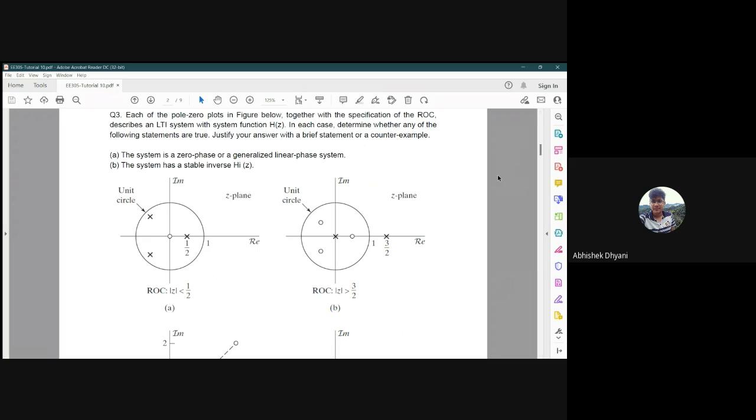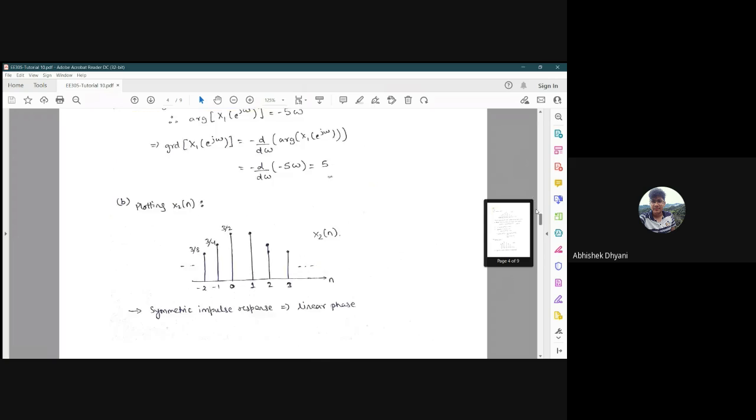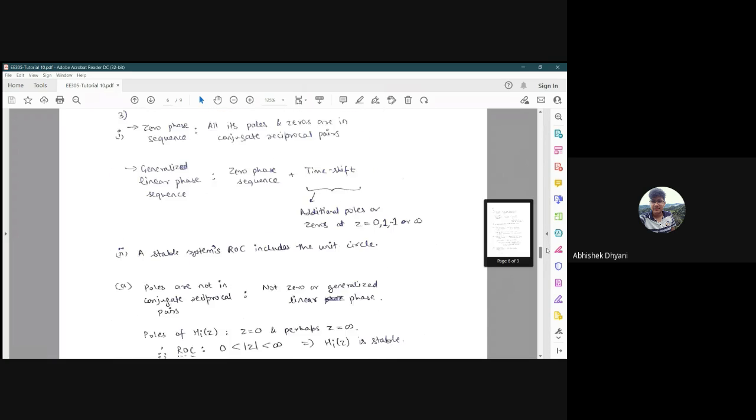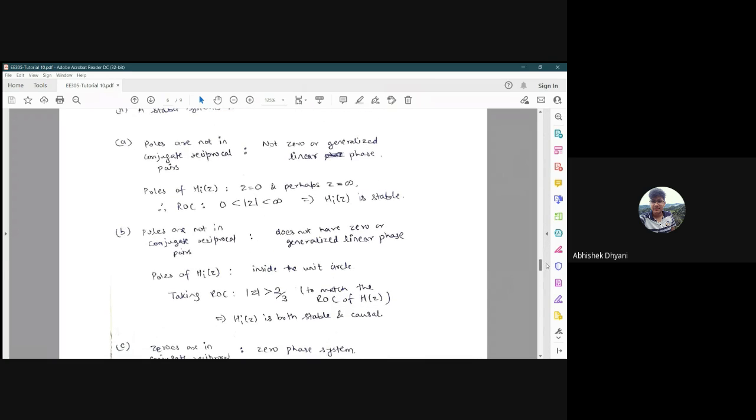So we have taken it outside the outermost pole, and that is why we will have Hi(z), which is stable because the ROC contains the unit circle. And it is causal because we have taken it outside the outermost pole.